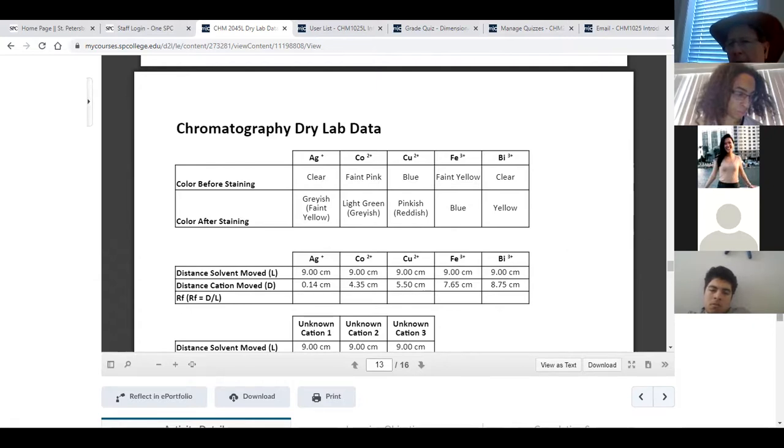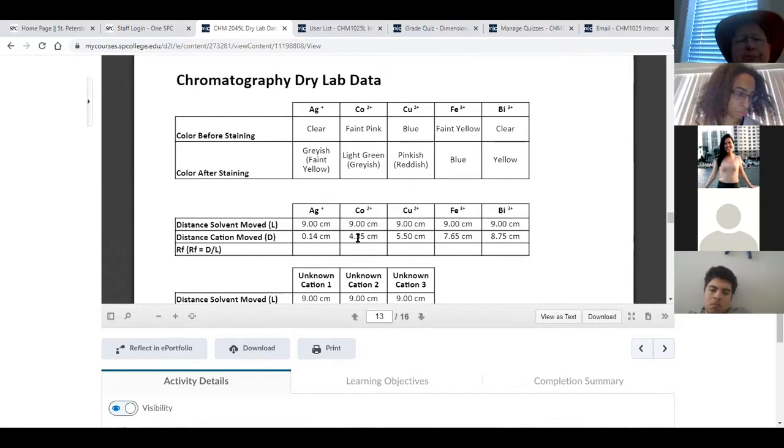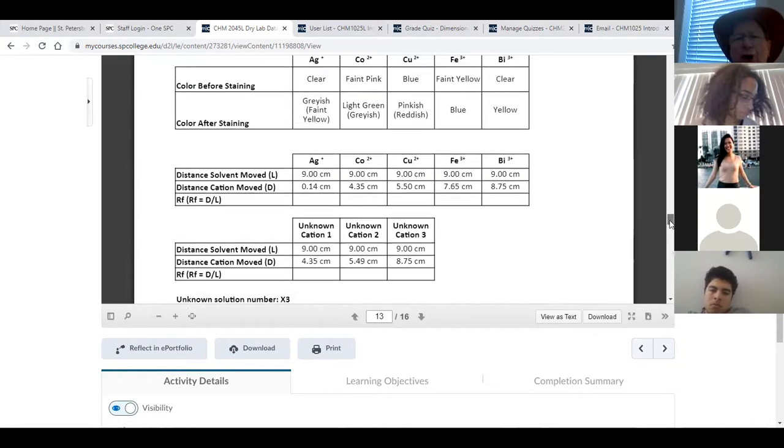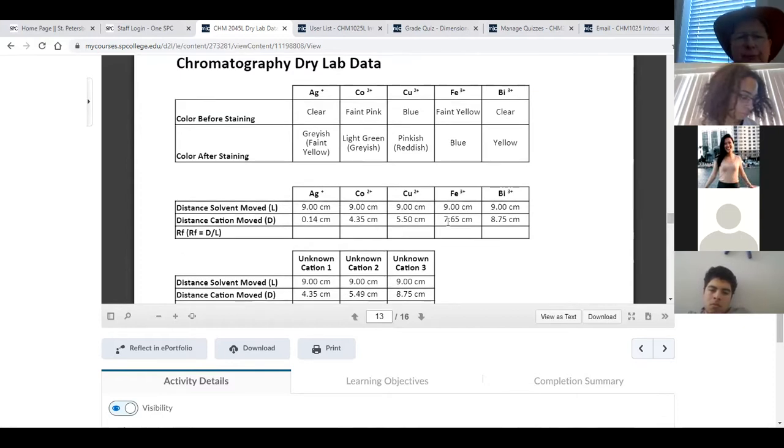So you're going to determine the Rfs of each one of these samples. Note, silver does not move that much. You're going to note how far each of these moves, and you're going to determine the Rfs. Then your one unknown.